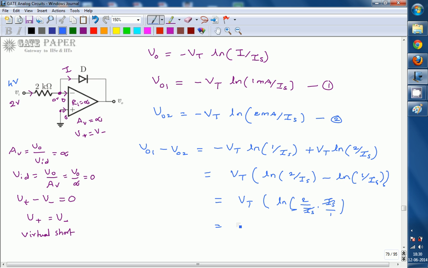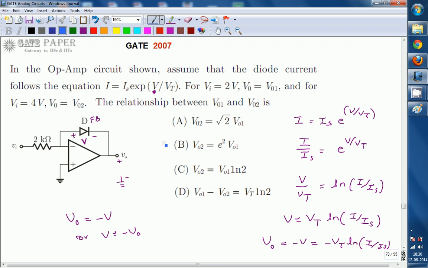So what you get is Vt natural logarithm of 2. That is, V01 minus V02 is equal to Vt natural logarithm of 2. So for the given circuit, the right answer is V01 minus V02 is equal to Vt natural logarithm of 2. The right option is D.